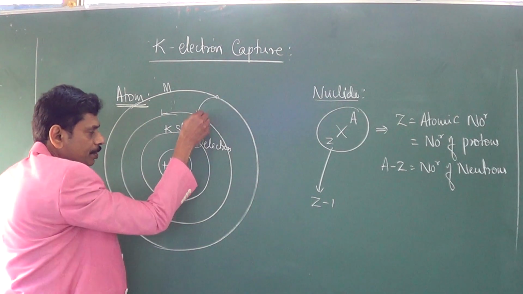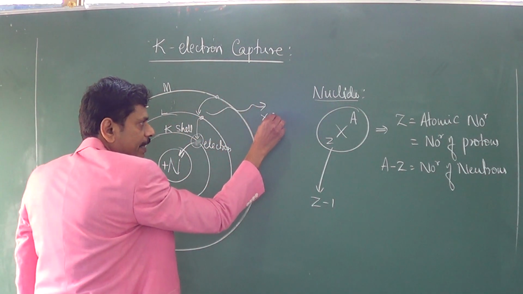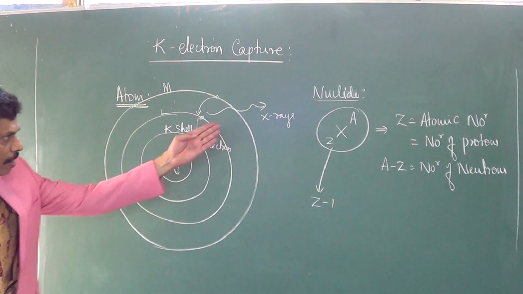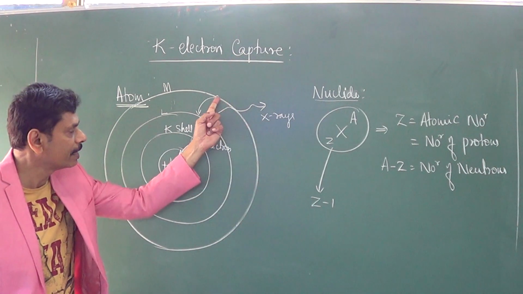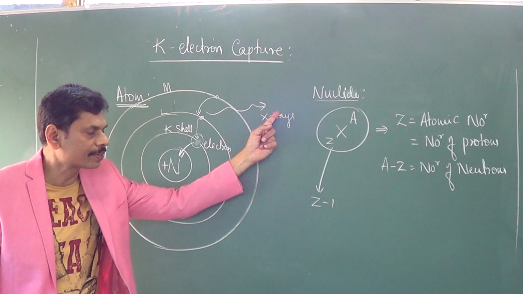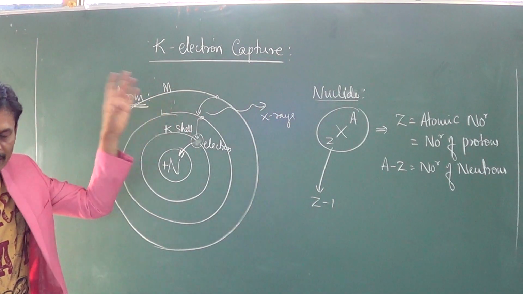Due to this rearrangement, radiations are produced. That is called characteristic excitation. If an electron jumps from a higher energy to a lower energy, radiations are produced. That is the characteristic excitation, because of the rearrangement of the electrons.